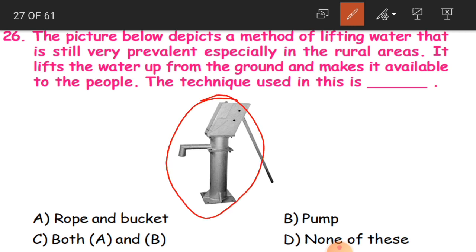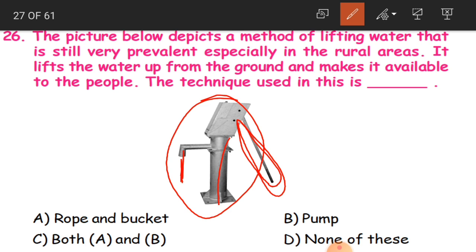Here you are going to lift the water by using this rod. When you lift this rod up and down, the water is going to come up and come out from this tap. This is very much common in the rural areas like villages.